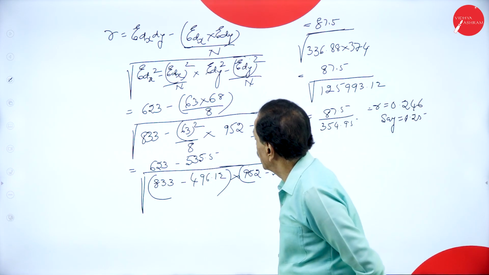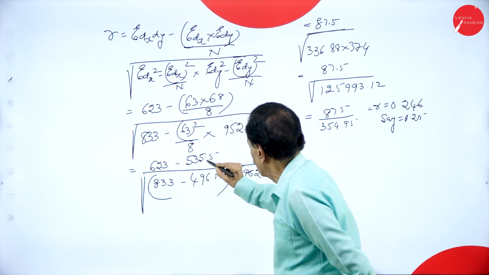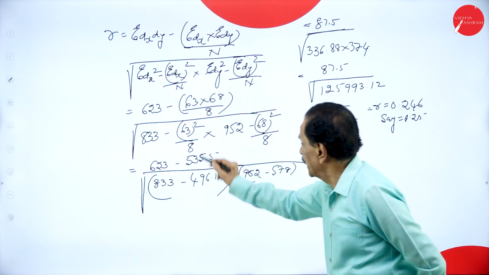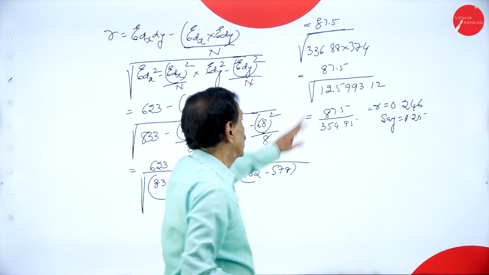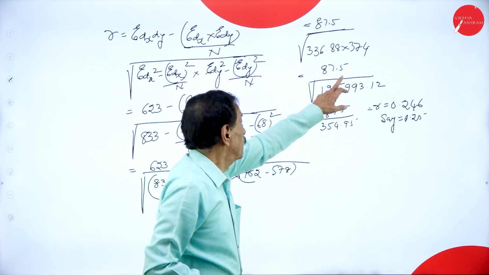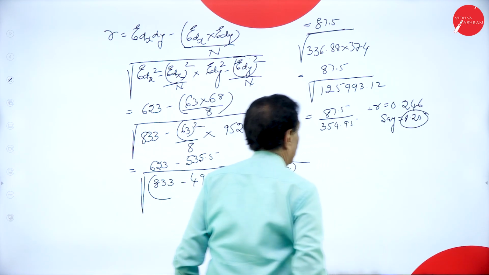If we simplify this, you get 87.5 divided by 336.88 into 374. The final answer is 0.25.